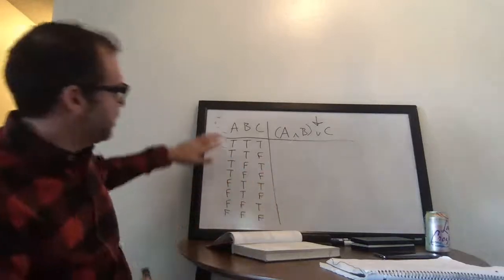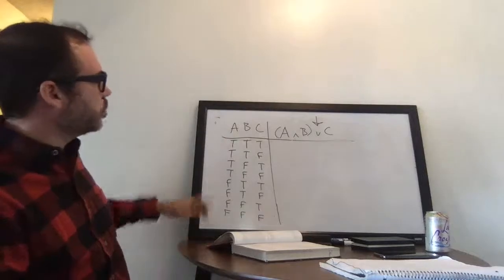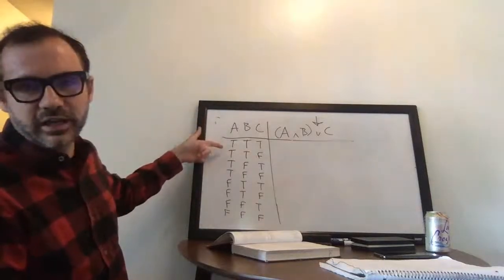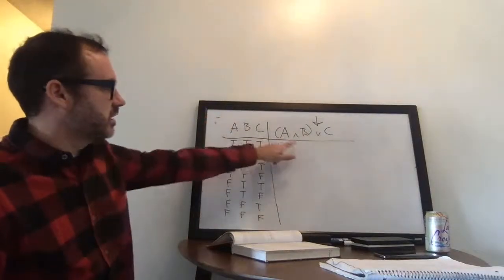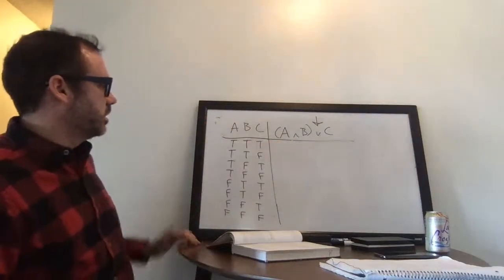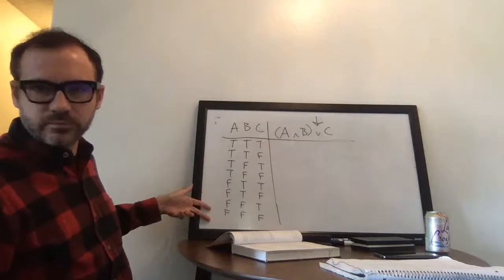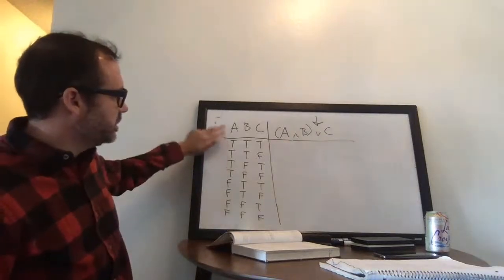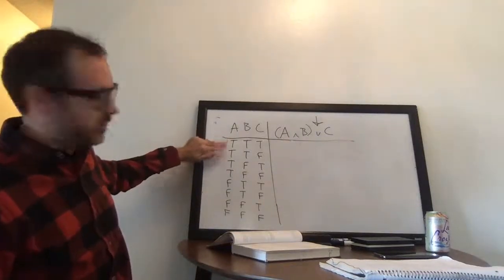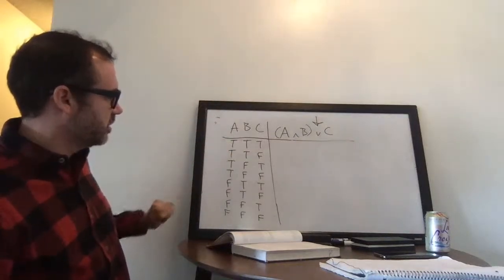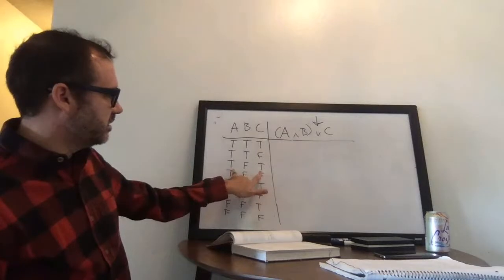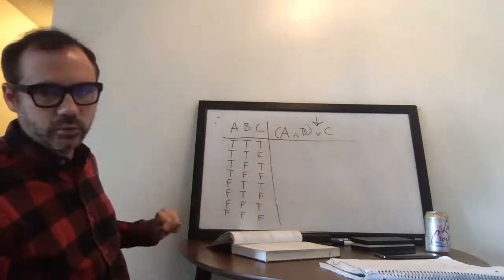Okay, now with this fully filled in, we see every possible way of assigning either a T or an F to the 3 sentence letters in this expression. And this is 8 combinations possible. The first combination where each one receives the letter T. The second combination where these 2 are true and C is false. A third combination where A and C are true, but B is the false member.